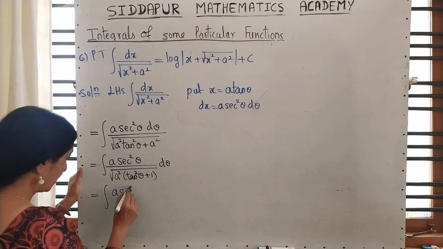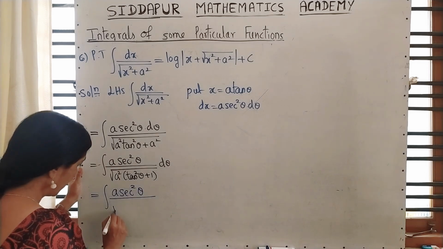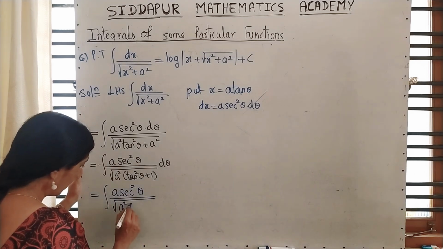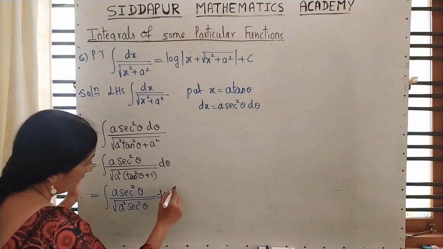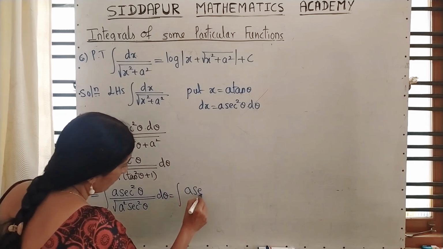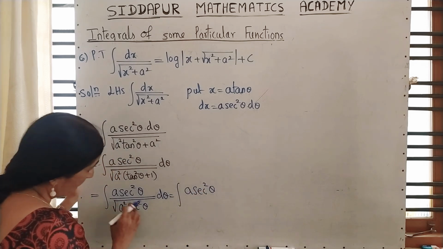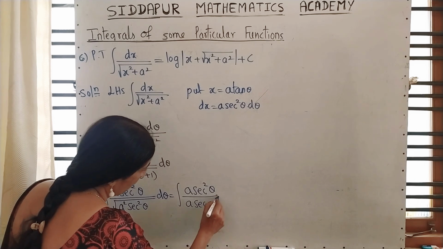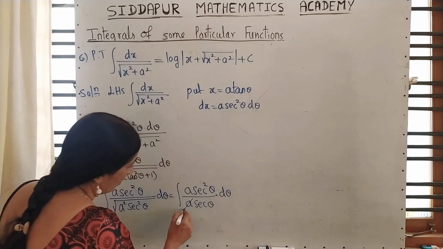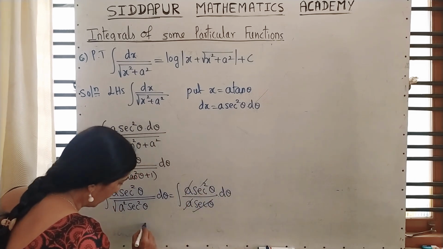a secant square theta divided by root of a square secant square theta. In the denominator, square root of a square secant square is a sec theta. a cancels, sec is cancelled with this.